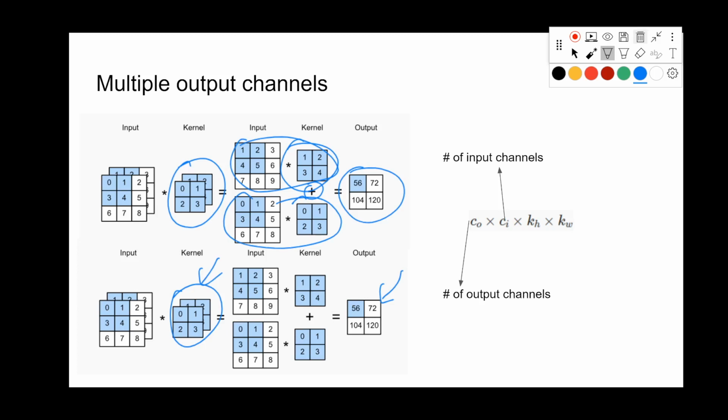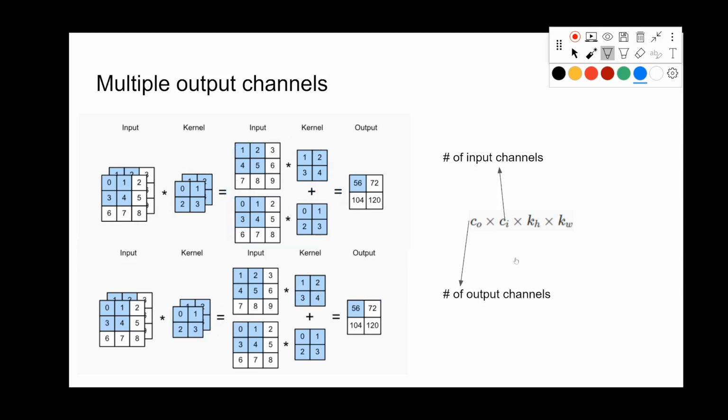So the number of parameters is decided by KH and KW here. In this example, this is 2 by 2. We must multiply it by the input channels, because here the input channel is 2, so each set of filters has 2 filters.